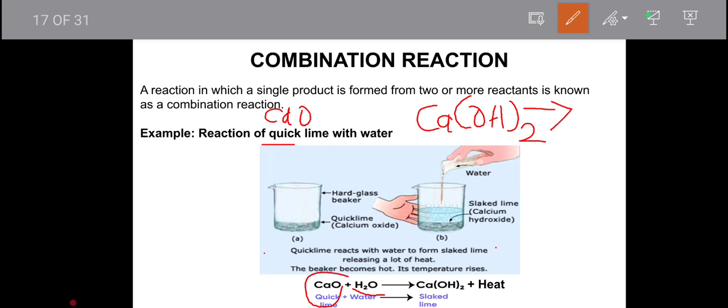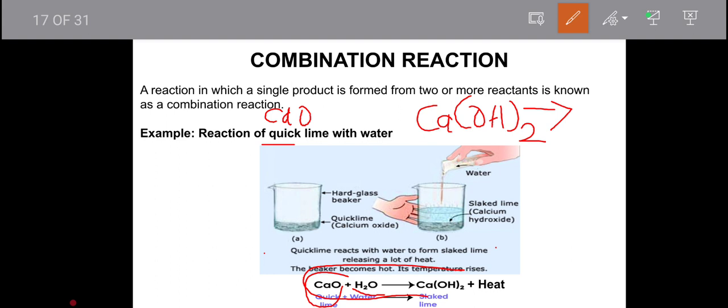As you can see from this chemical equation, we are taking mainly two reactants. We are taking calcium oxide as well as water, and as a result of the chemical reaction, only a single product is formed, that is calcium hydroxide. Hence, we can say that this reaction is an example of combination reaction.